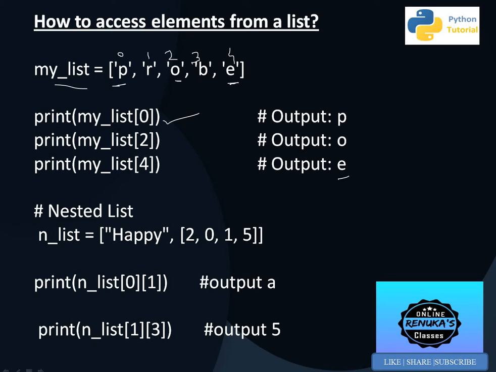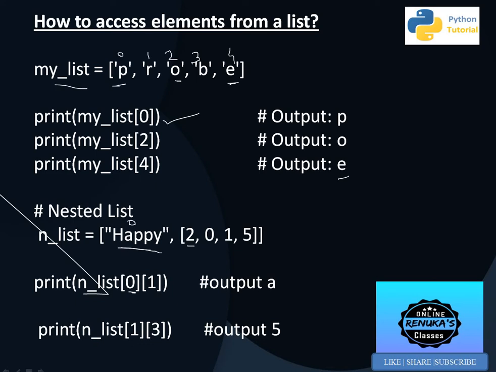Now how to access nested list elements? Suppose n_list is an example of a nested list. In that case the elements are "happy" and another list, that is 2015. So this is a nested list within a list. Now if I say n_list[0][1], so 0 is what? The index, the first element, so that is 0.